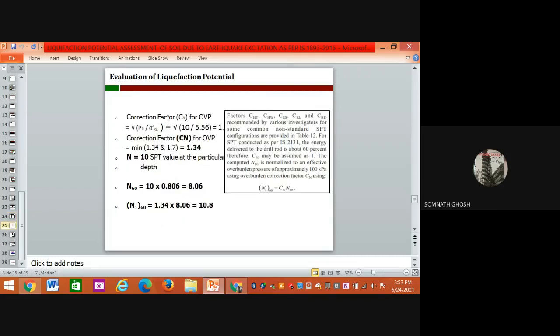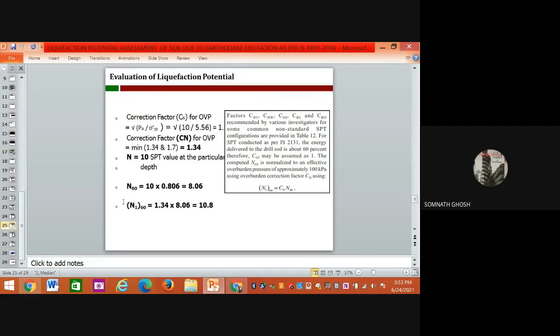Now this correction factor, they made it, then they got it 1.34. Then the N value was 10. Now they have corrected it. The correction factor, ultimately they got it 8.06, and they corrected it. And this 1.34, they got it in 160. This is required.